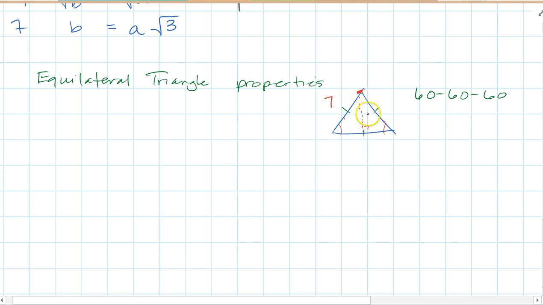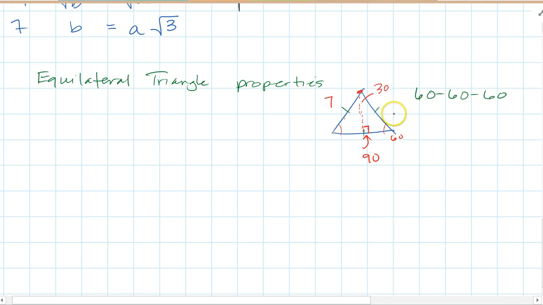But let's say I didn't know that. If I just drew this right here, I know this is 90, and I know that this is 60. Every triangle can only have 180 degrees, so there's only 30 left here. So what I have is, look at that, a 30-60-90, true?